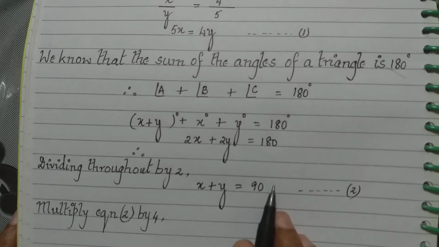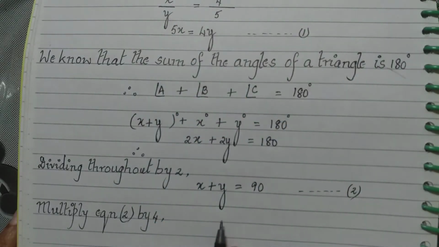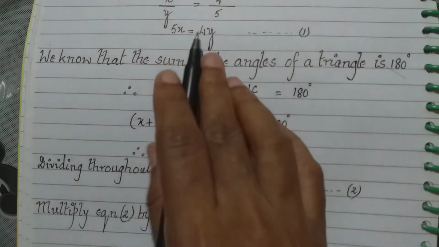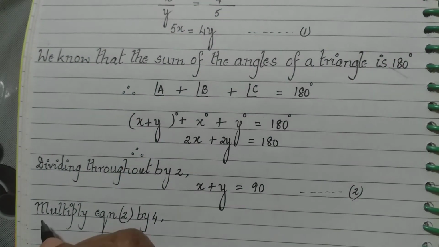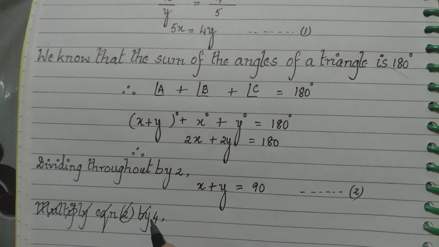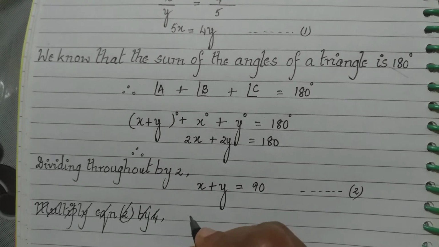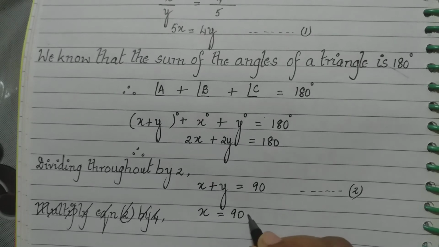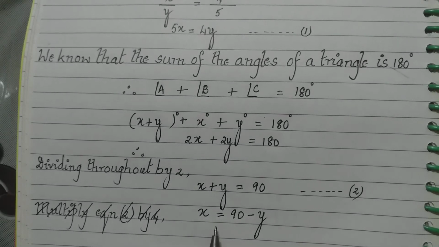Instead of multiplying this equation by 4 and trying to make the two coefficients the same, what we can do is find the value of x or y and then put it in the other equation. So we won't use that method. We write x is equal to 90 minus y.